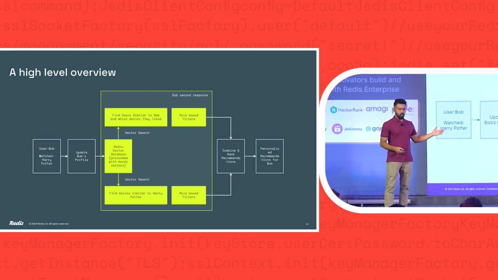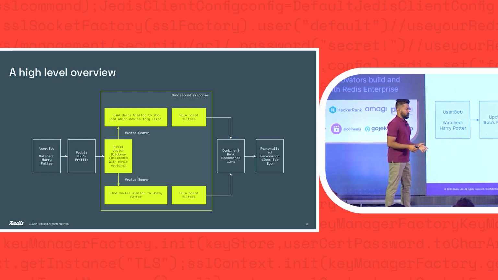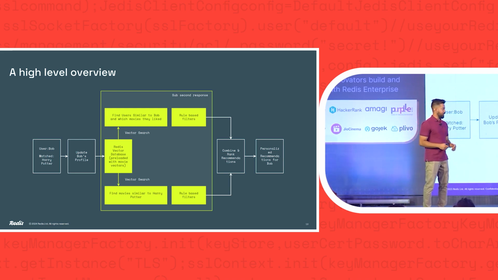So after you do a vector search, you do 2 operations. First you find users who are similar to Bob, and then you find movies that are similar to Harry Potter. Then you combine these two recommendations, and then finally give a personalized recommendation to Bob. Now, this is a very high level diagram, so even in this, there are certain enhancements that you can do.